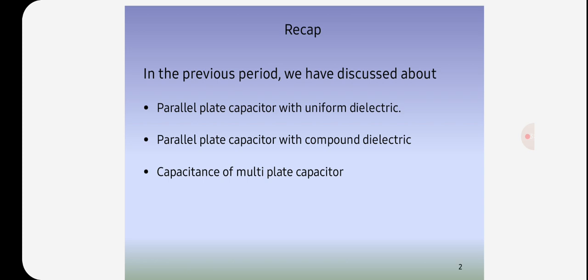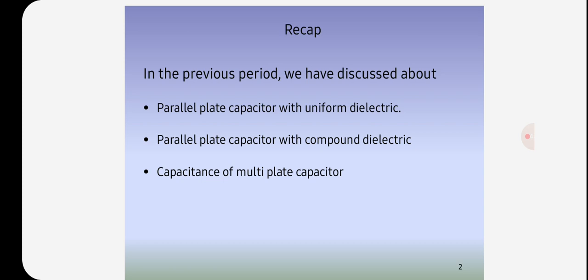Here D = epsilon naught epsilon r E = epsilon naught epsilon r V/d. From that, Q/A = epsilon naught epsilon r V/d. Finally, the capacitance C = epsilon naught epsilon r A/d.